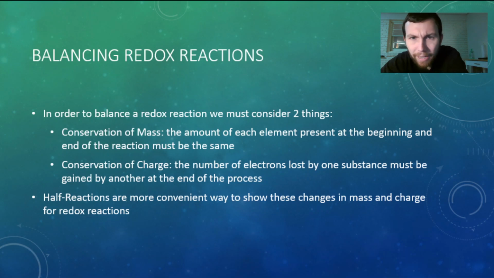Okay? And something that chemists do is they break a reaction down into 2 halves. They break it down into the portion of the reaction that's being oxidized, and the portion of the reaction that's being reduced, so they can deal with that mass and charge component, and then they combine the 2 half reactions to get the overall balanced redox reaction.